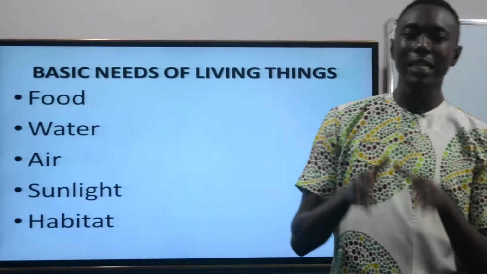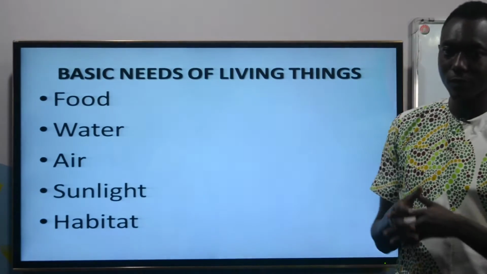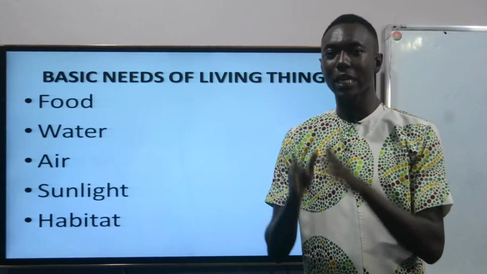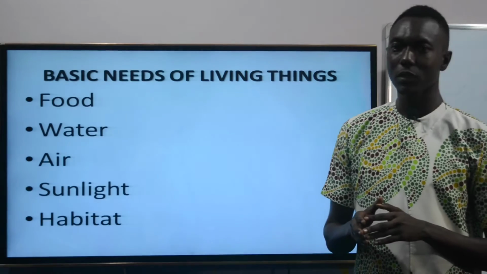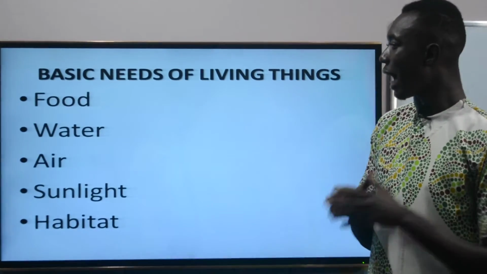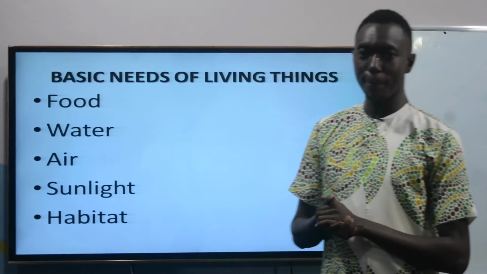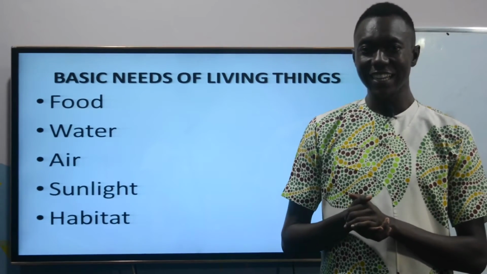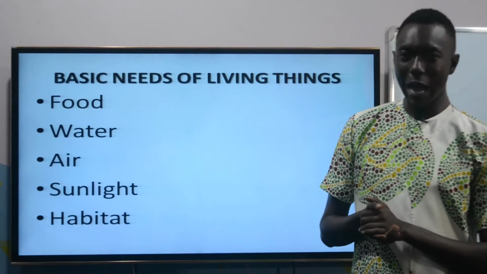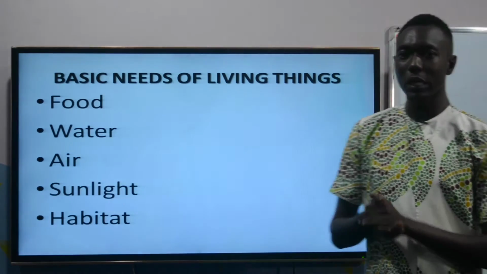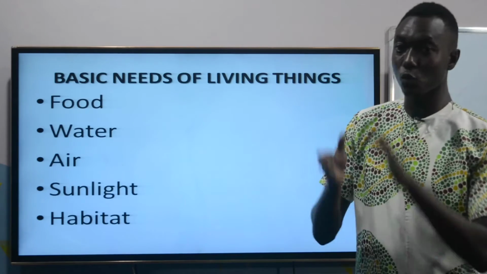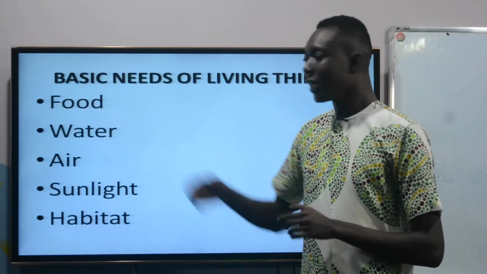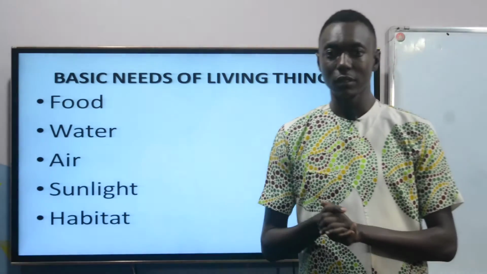Let us look at the needs of every living thing. There are some things needed by every living thing in order to survive. Some of these things they need are, 1, food. Can you live without food for 1 week? I don't think so. Why? Because food plays a major role in our lives. The same thing applies to plants. They also need food as well. The next one I will talk about is water.